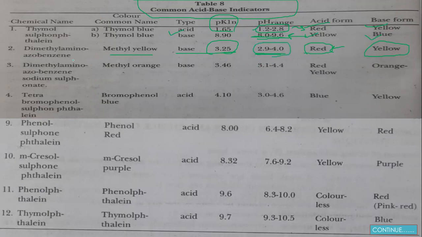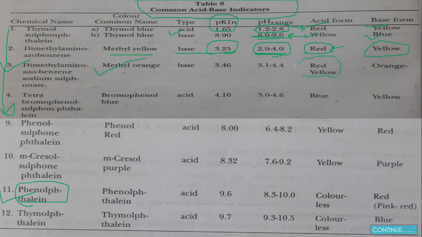In this way, all these indicators, okay, some of the indicators I skipped here, but you can write 3, 4 or 2, 3, that is more than enough. You are generally using, see, if you see here at the 11 number, it's a phenolphthalein. This is what you are commonly using. Okay, then methyl orange, this is what you are commonly using, 3rd number. Okay, so these are the common indicators which you are using in laboratory. What happens there?